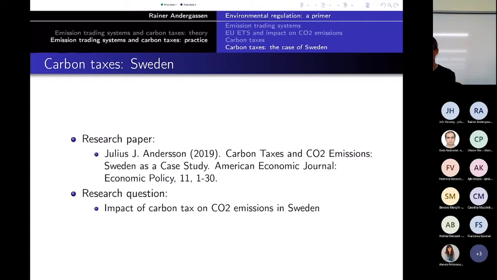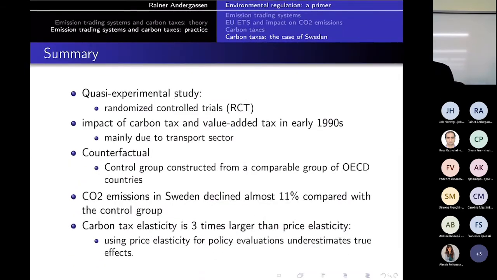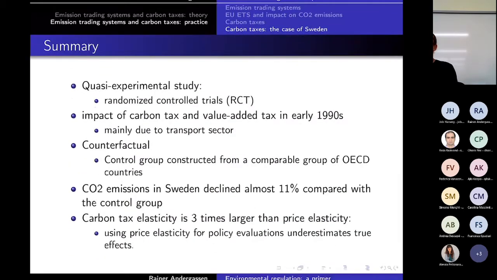And here, as promised last week, I'll discuss the effect of carbon taxes on CO2 emissions. This case is about Sweden, because Sweden started very early compared to other countries, and that's why it is used as a quasi-experimental study.